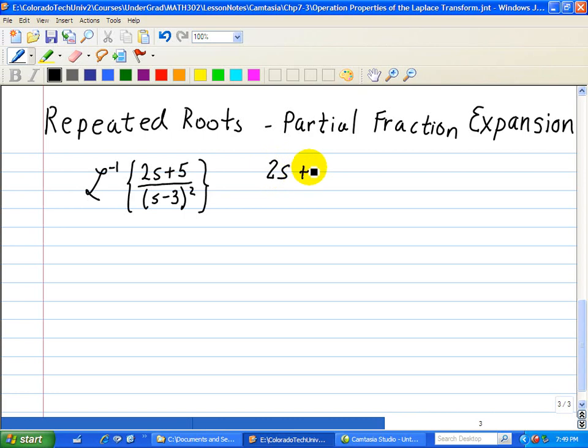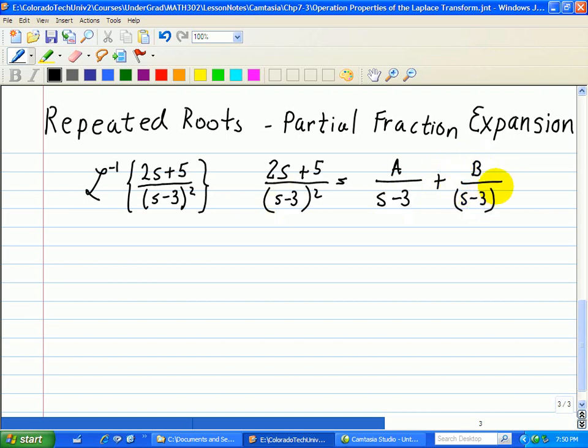2s minus 5 all over s minus 3 squared, where we can break this up into A over s minus 3, plus B all over s minus 3 squared.